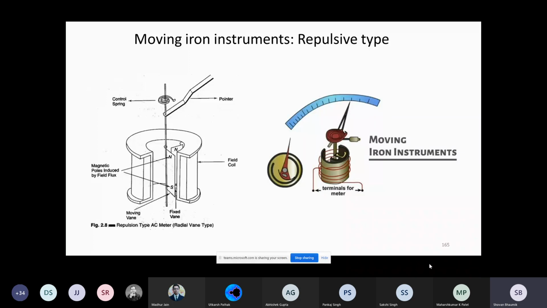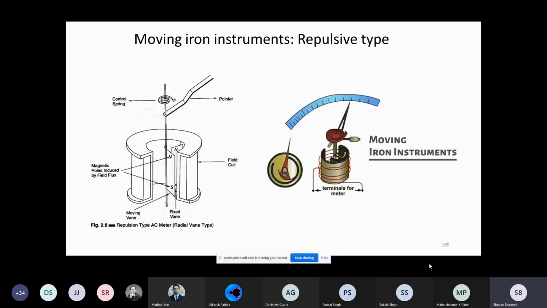Once the current passes through the coil, these two vanes produce the same magnetic field, and as the fixed vane cannot rotate, the moving vane starts rotating. As it starts rotating, you see the spring control on the top. The spring starts producing the restoring or control torque.